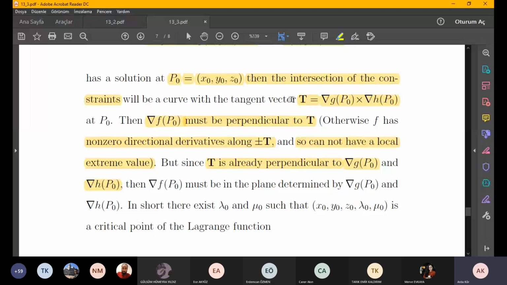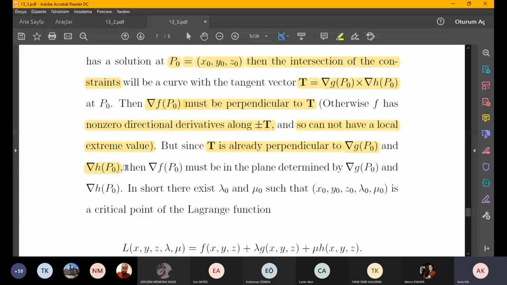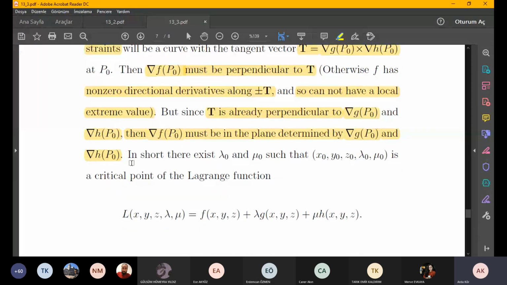Then the gradient of f at P0 must be in the plane determined by those two gradient vectors of g and h at P0. Then we can say there exist lambda 0 and mu 0, or you can call them lambda 1, lambda 2, such that (x0, y0, z0, lambda 0, mu 0) is a critical point of the above Lagrange function.